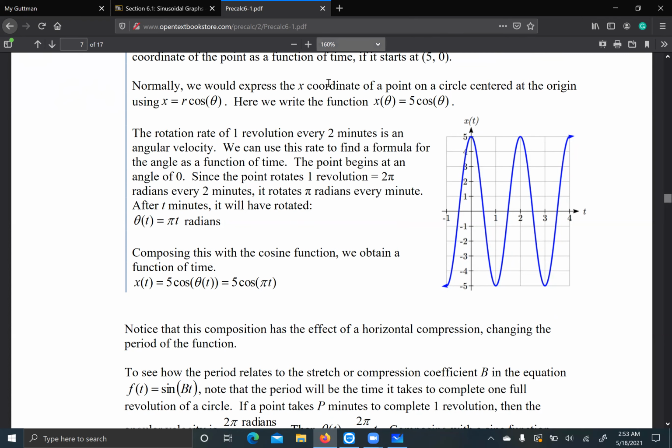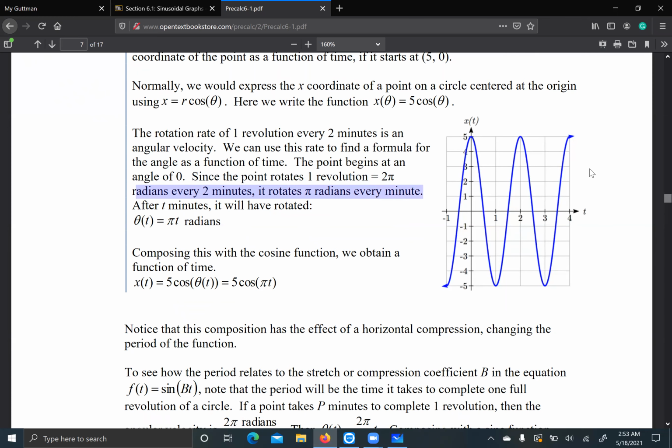One complete rotation is 2 minutes, and we want to find a formula that expresses the angle as a function of time. The point begins at angle 0, and then one rotation is 2 pi, every 2 minutes. So it rotates pi every minute.